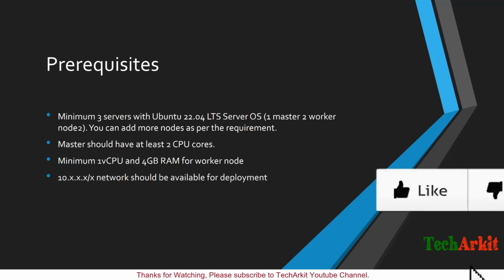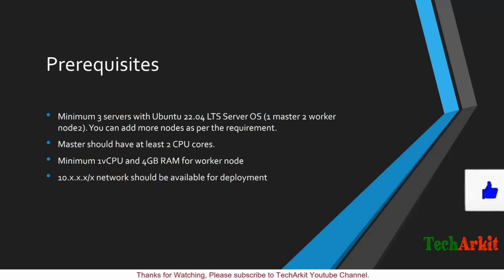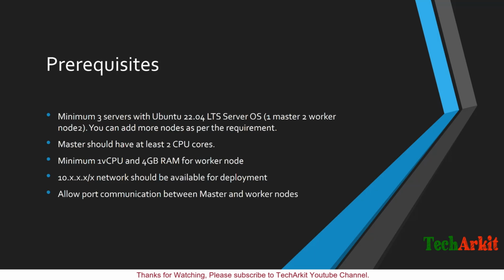So here, a 10.x.x network, like a 10 series network, should be available for the deployment, so that if you have any CIDR conflict, you can resolve it before deploying. That is the recommendation. Allow port communication between the master and the worker nodes. Most of the time the master and the worker nodes have side by side connections when you deploy an initial cluster setup.